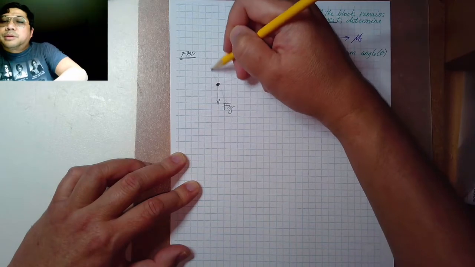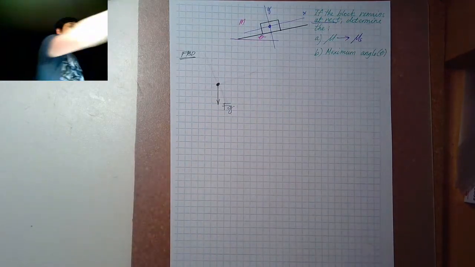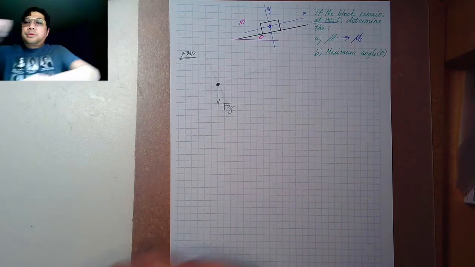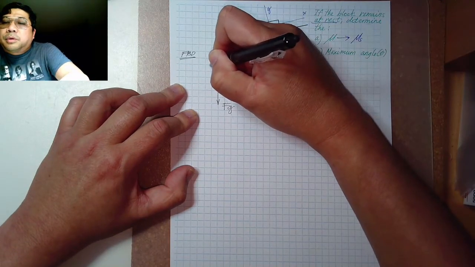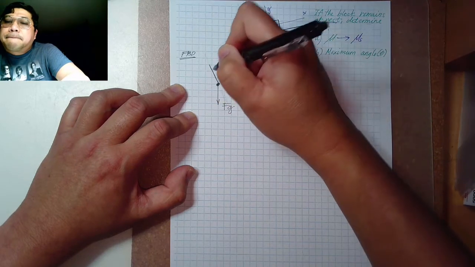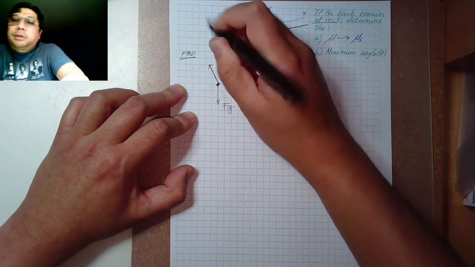Let me just draw it a little bit darker. It's my pencil, so it's drawn a little bit lighter. So let us draw our normal force at this point. That is the normal force.